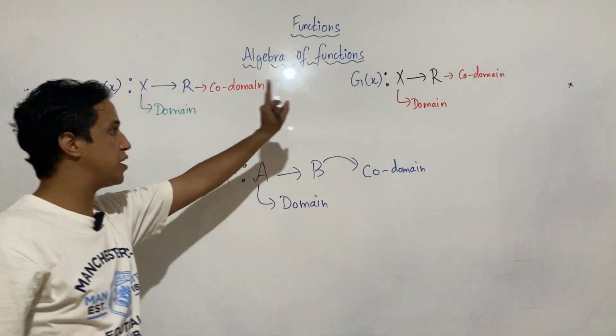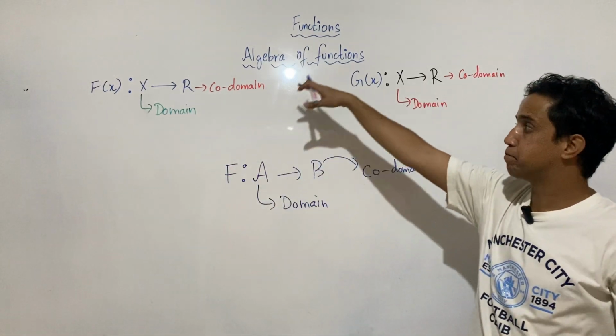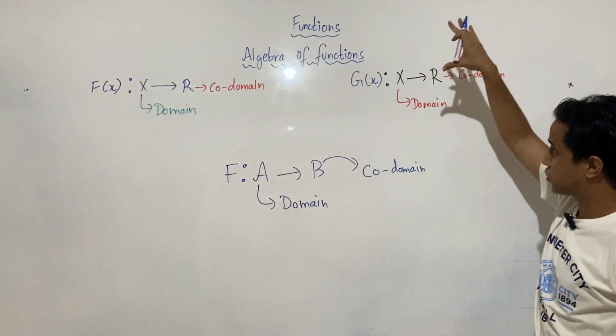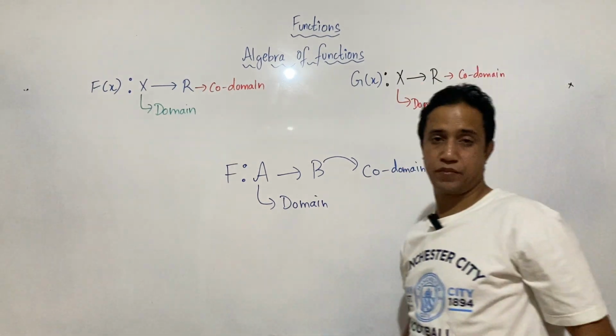I have done the same thing here. In this function, X represents the domain and R represents the codomain, and in this function too, X represents the domain and R represents the codomain.